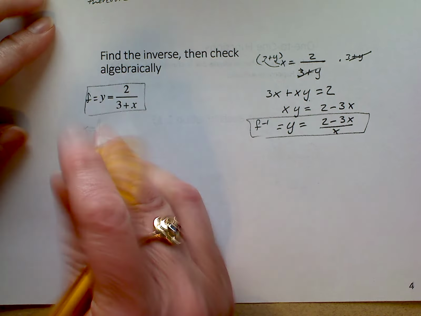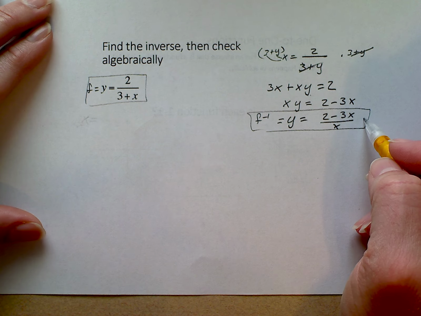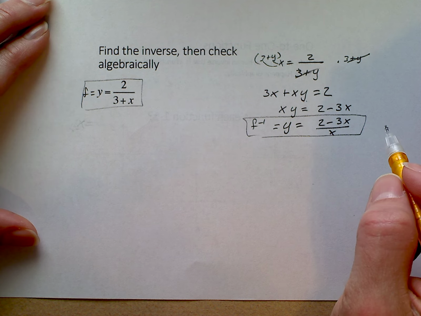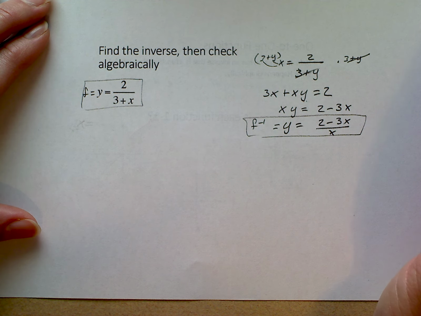Okay. Alright. Now, if your inverse checks, then I want you to go ahead and do the composition. Now this is going to use something that you've only seen once in the last video, I think it was, where we were simplifying fractions in a fraction.